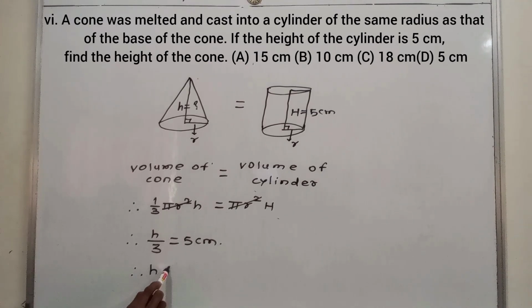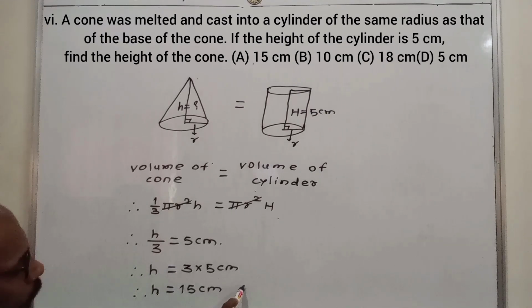Therefore small h is equal to 3 into 5 centimeter. Therefore small h is equal to 15 centimeter. This is our option A.